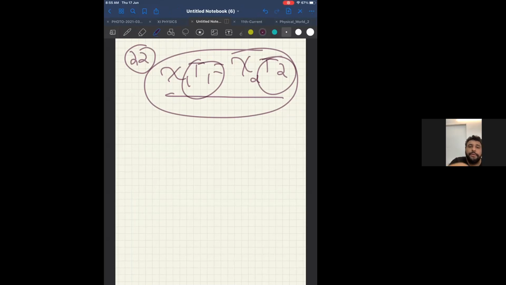Now start solving the 16th one. The magnetic susceptibility does not depend on temperature.